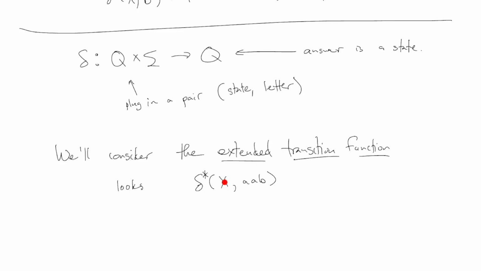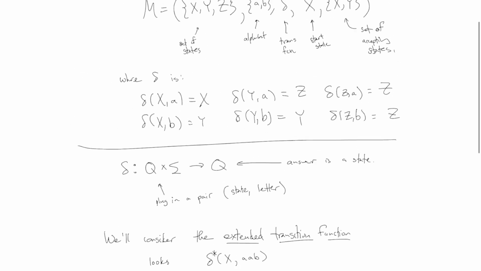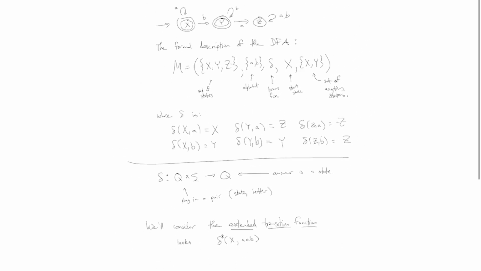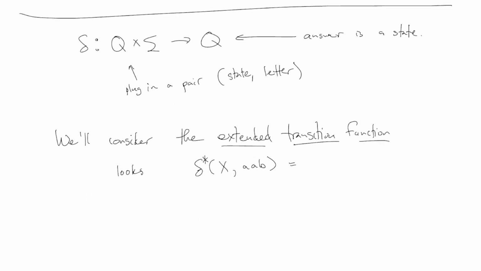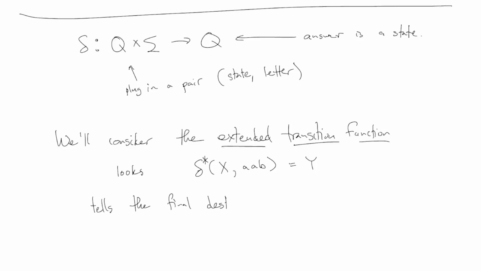It means if you start in X and then you do this whole string, one letter after another, A, then B, then what state do you end up in? In this example, if I start in state X and I do AAB, the answer will be Y. So it tells you the final destination if we read an entire string, not just one letter.